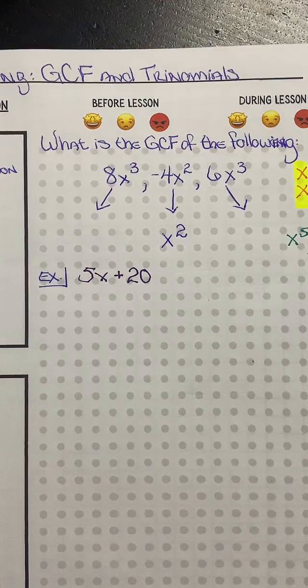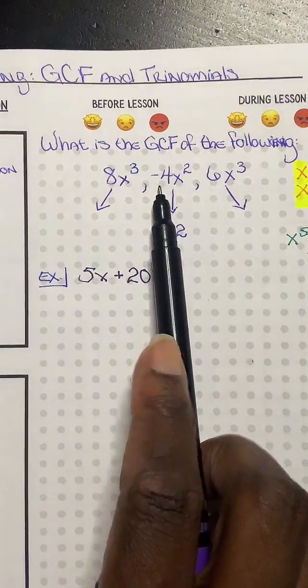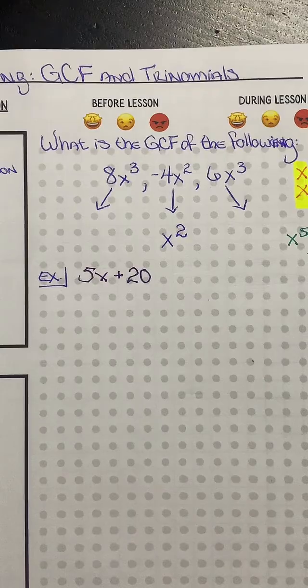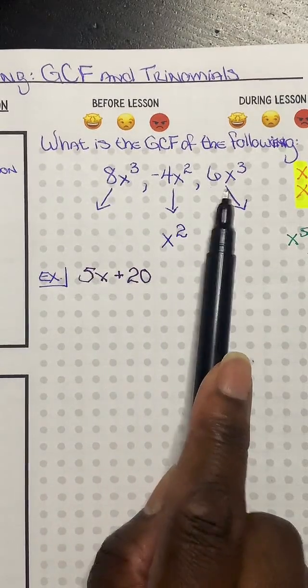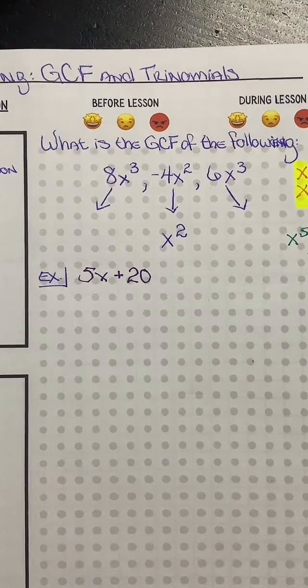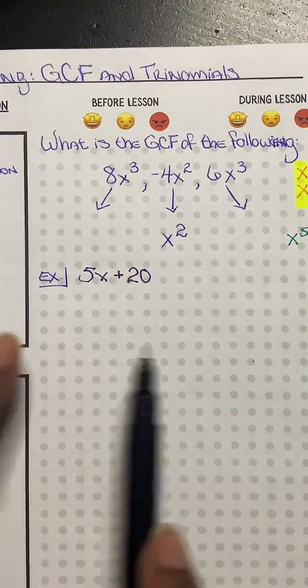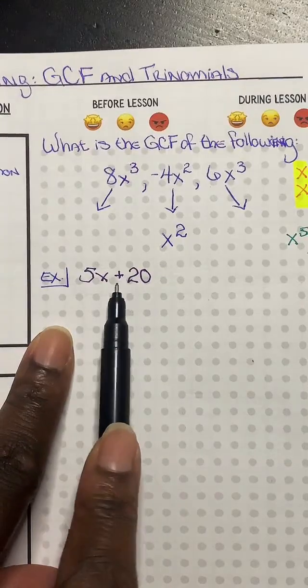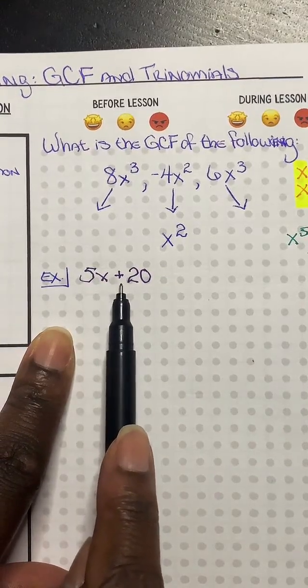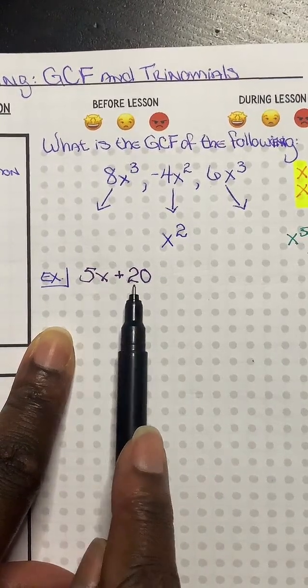Okay. You can still factor it, not with the negative. I'm telling you, not with a negative. When you're doing individual terms like this, you will get it wrong every time. Trust me. But if it was an expression, we can factor out a negative because we have a plus sign or a minus sign in between the two terms.